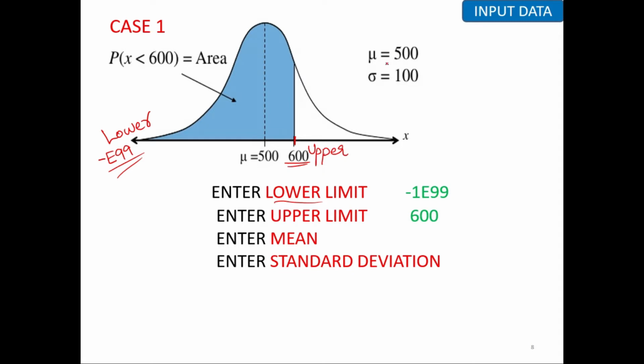The mean is given in the question, 500, and the standard deviation is 100. Now where to find E? You press shift and the EE button, giving you E, which stands for the exponent, and make sure the negative sign you use here is the one you find inside the bracket next to the enter button.